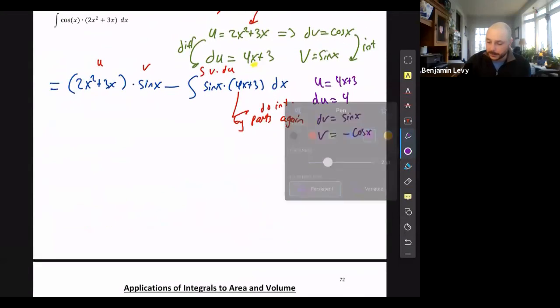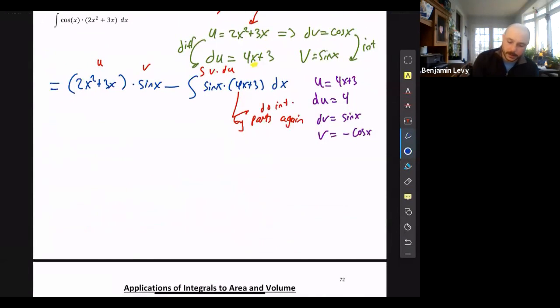You can see I've left some room here because I knew this one was going to be kind of long. So this part just copies down, we didn't change anything there. But the next piece becomes the integration by parts.